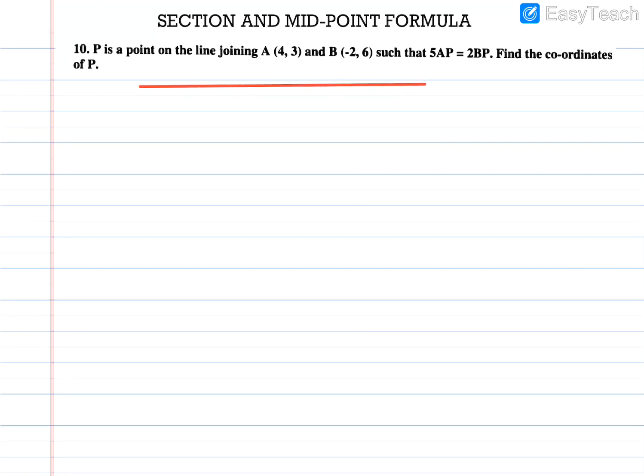Let this line be A 4, 3 and B as minus 2, 6. P is any point such that 5AP equals to 2BP. So I will write AP upon BP as 2 upon 5. So AP will be 2, BP will be 5.